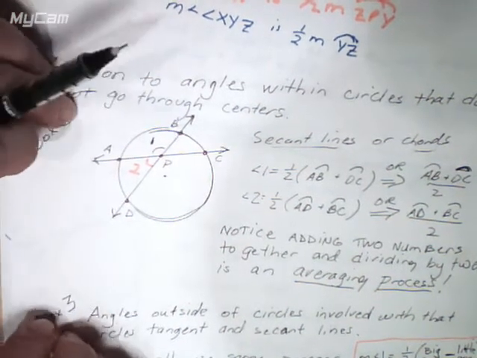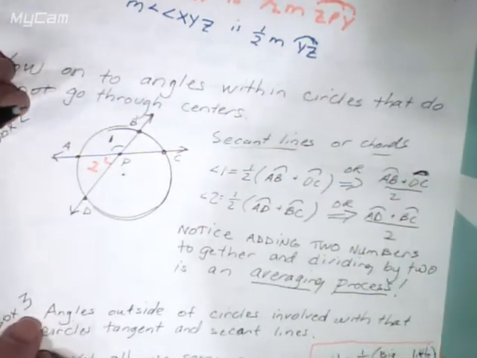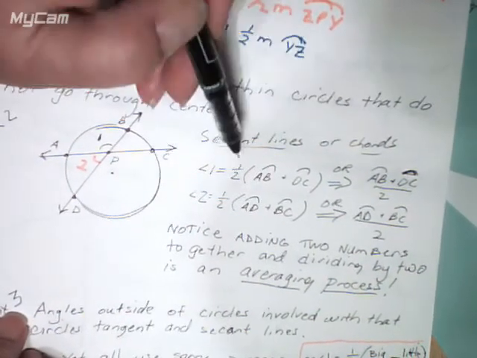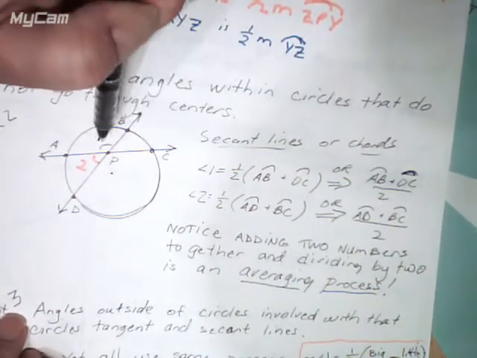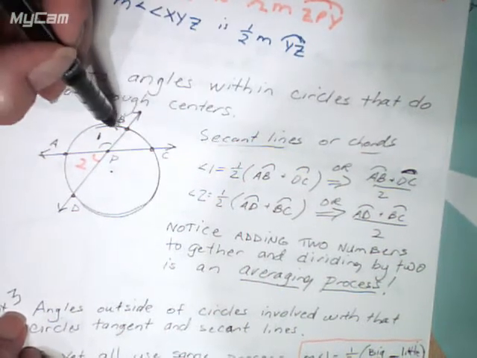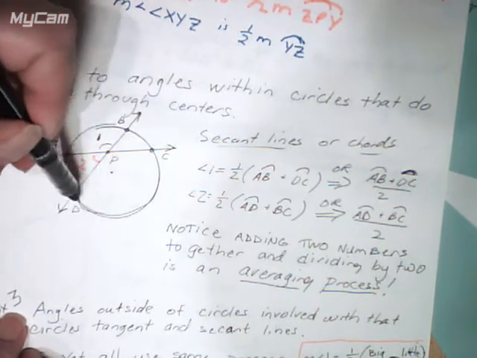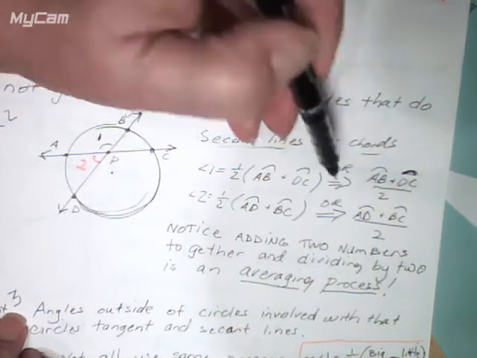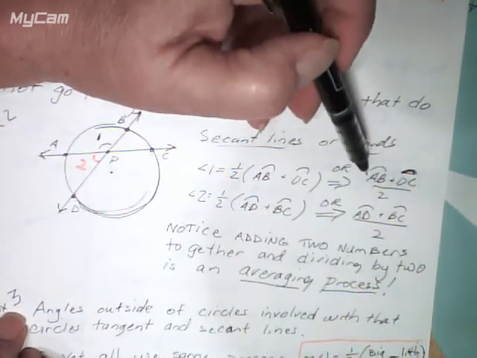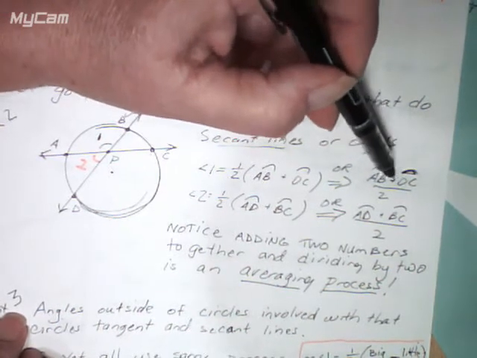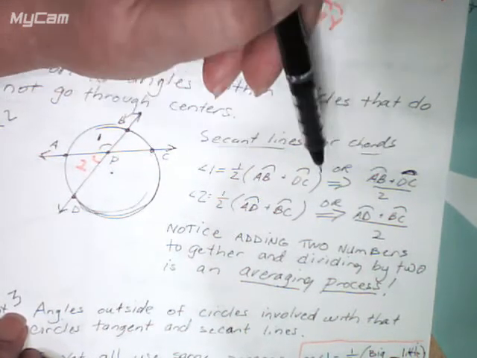This is a very straightforward process. The measure of angle 1 is going to be 1/2 arc AB plus arc DC. Or I've written it another way, the measure of arc AB plus the measure of arc DC, divided by 2.